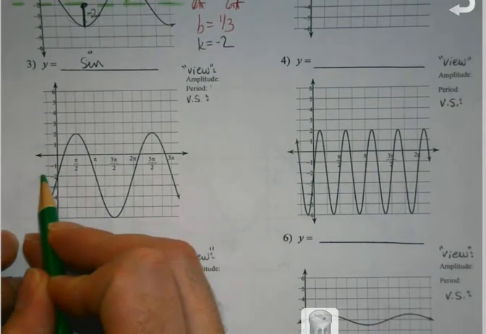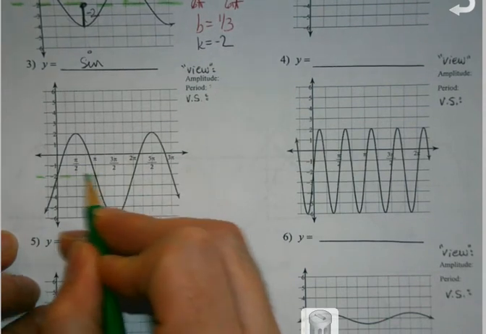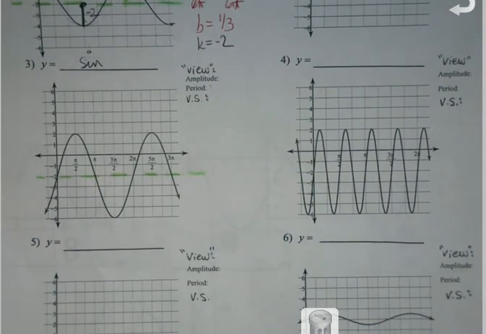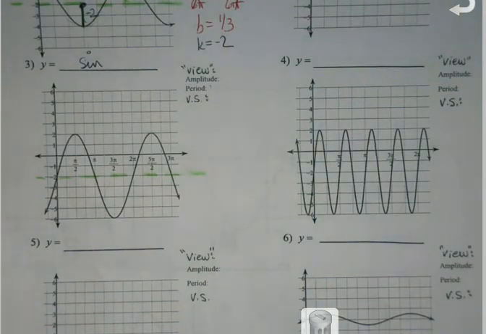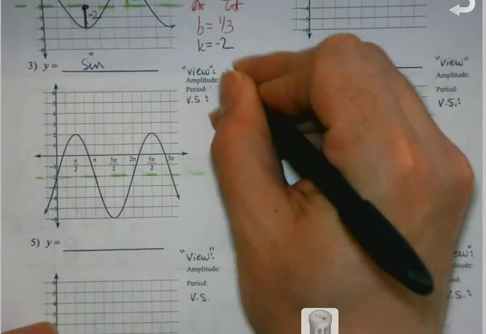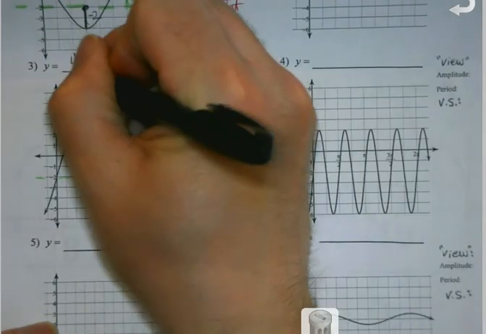Okay, -2. So, how far are we from our new center line to one of my maxes or mins? 4. 1, 2, 3, 4. Okay, so amplitude's 4. We'll get that in.